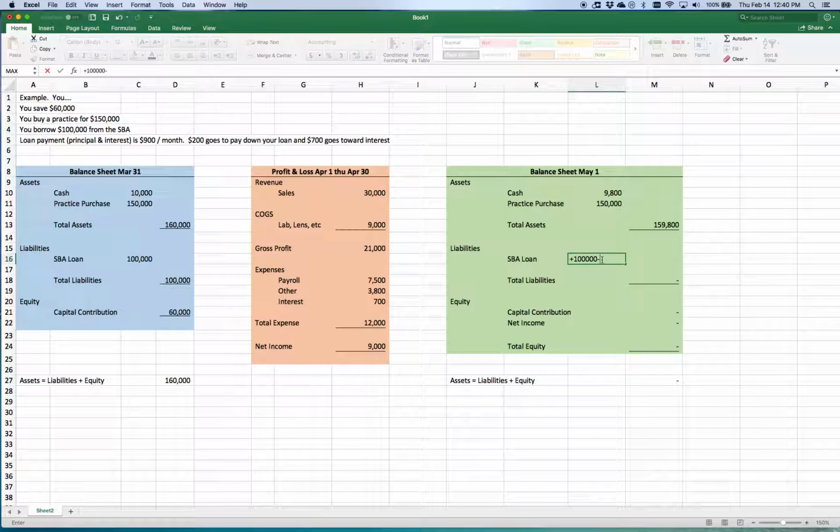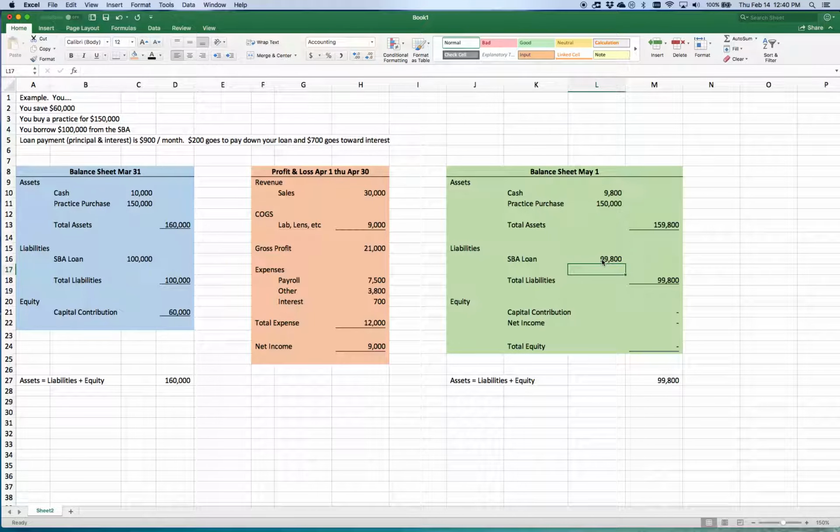However, they said, okay, instead of you owing us $100,000, you now owe us $100,000 minus the $200 that went toward principal, which is $99,800. So your total liabilities is obviously that right there, the $99,800.